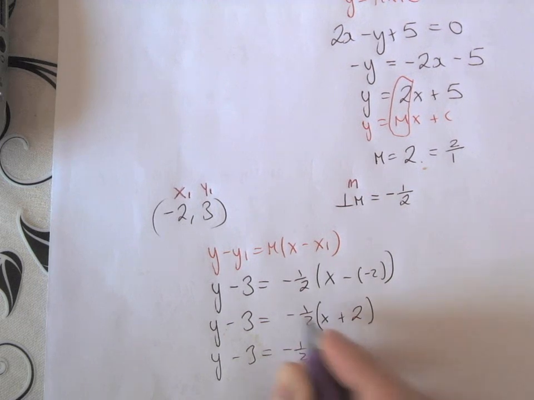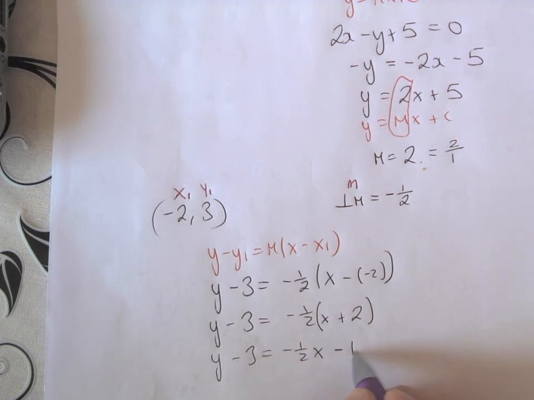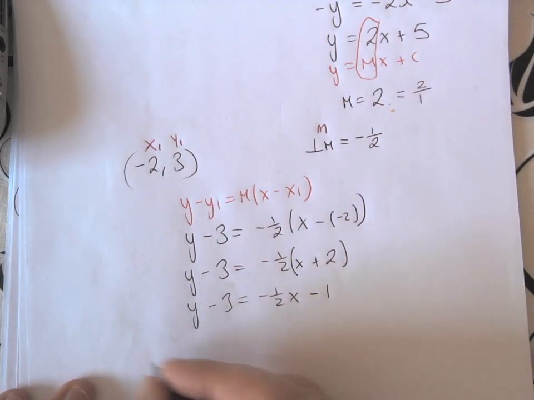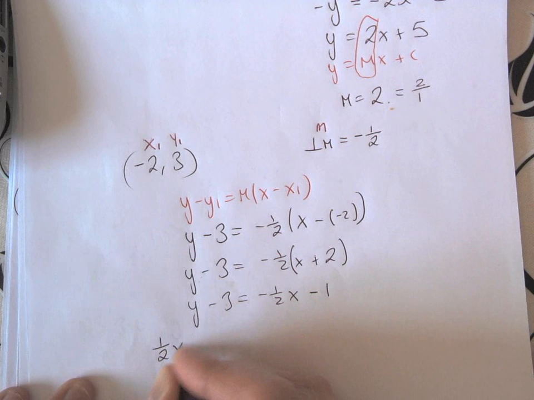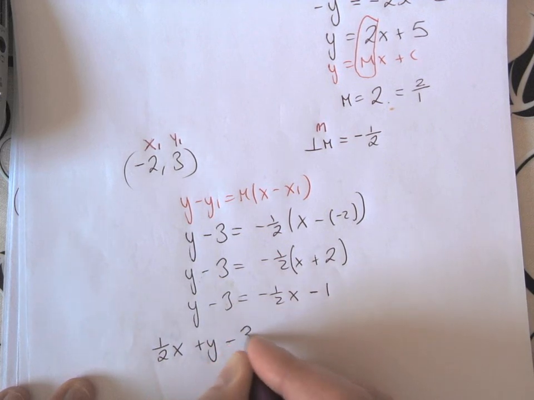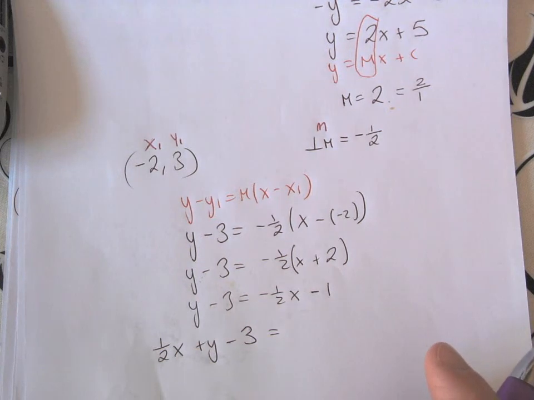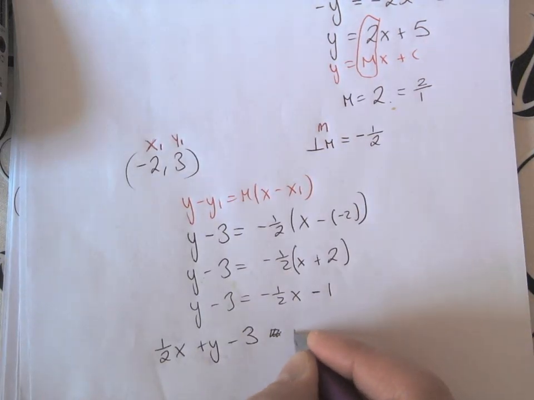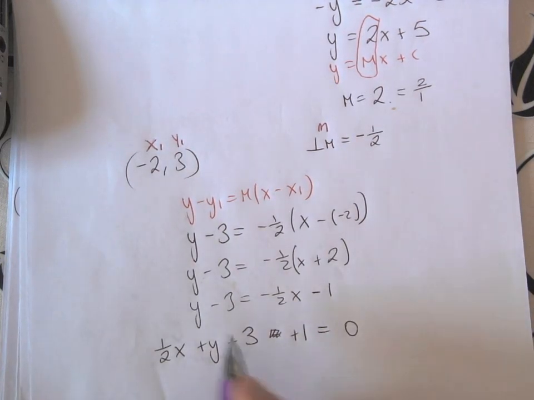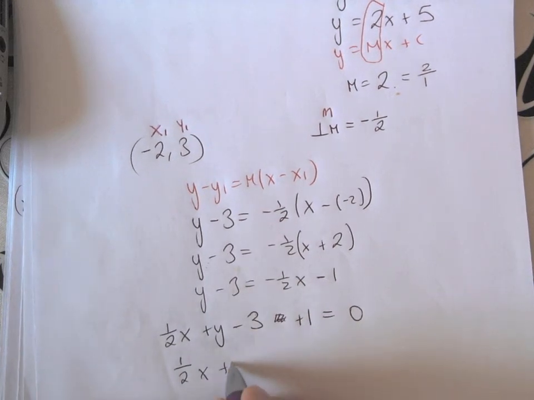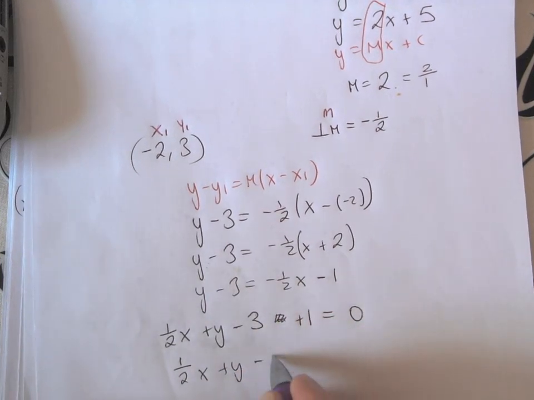Minus a half by x is minus a half x, and minus a half by 2 is minus 1. Okay, so then bring everything to one side, so bring the half x over, it becomes a plus, the y stays where it is, the minus 3 stays where it is, the minus 1 comes over and becomes a plus 1 equal to 0. So then 1/2 x + y, so minus 3 plus 1 gives you minus 2.